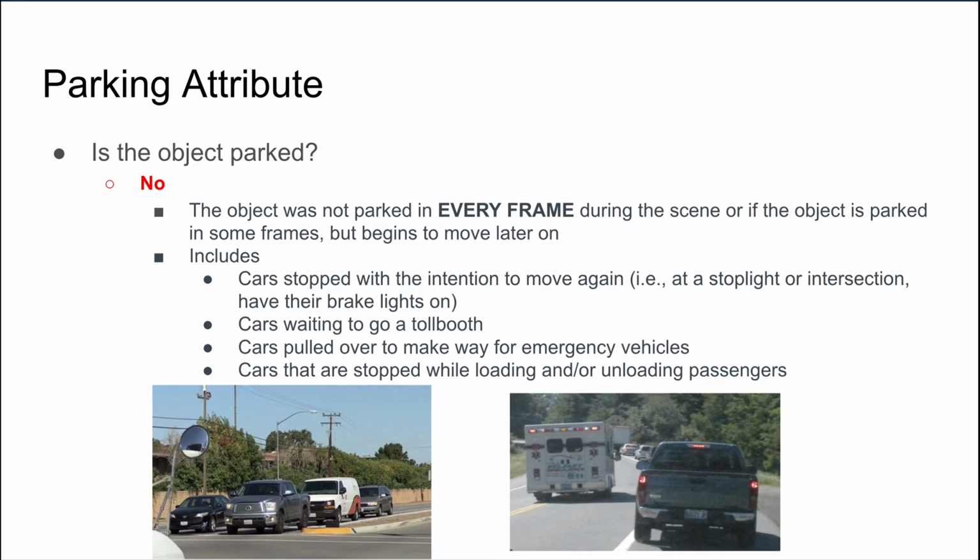You want to make it no. This includes cars stopped with the intention to move again: cars at a stoplight, cars at an intersection that have their brake lights on, cars waiting to go to a toll booth, cars pulled over to make way for emergency vehicles, and cars that are stopped while loading or unloading passengers. You want to put no on the parking attribute in these cases.